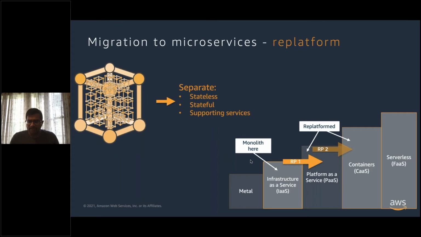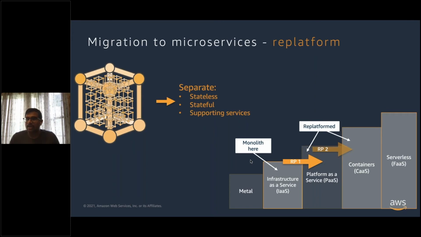So basically, we have infrastructure as a service. In this case, a good example could be EC2, right? So when you have this huge monolithic application as part of your replatforming, the first step would be to move into infrastructure as a service, and then once you're there, you think about refactoring that using platform as a service.